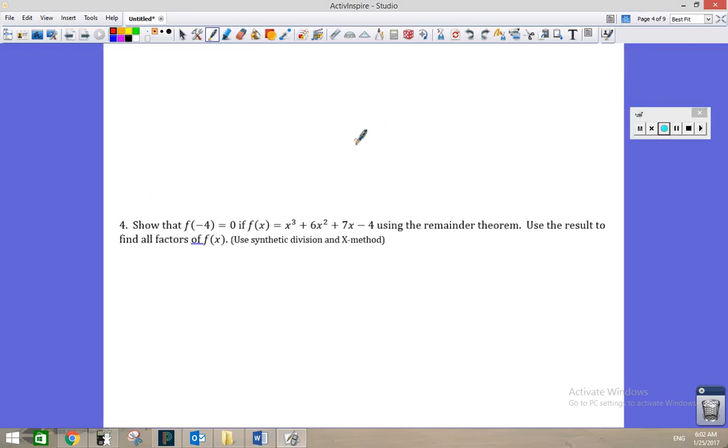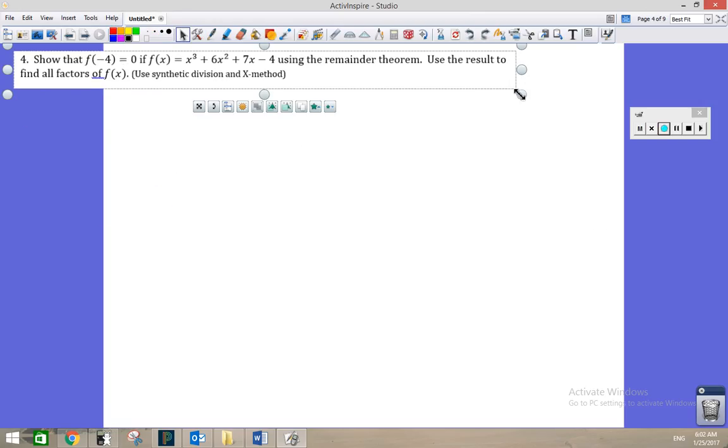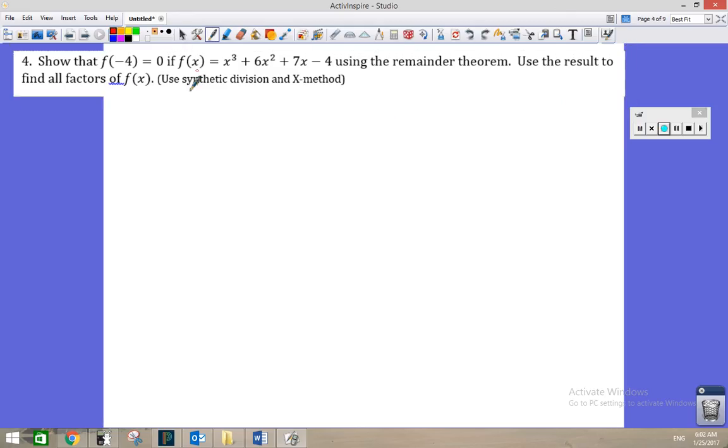All right, let's do the same idea. 3, 2, 1, 0, so that the polynomial is in standard form with no missing terms.